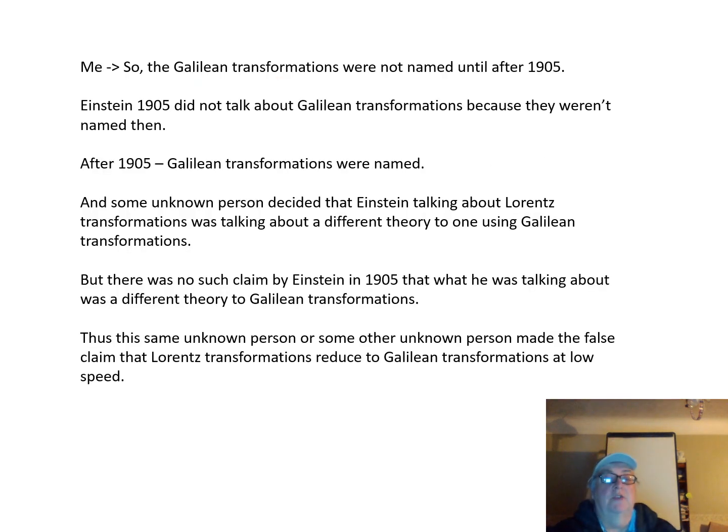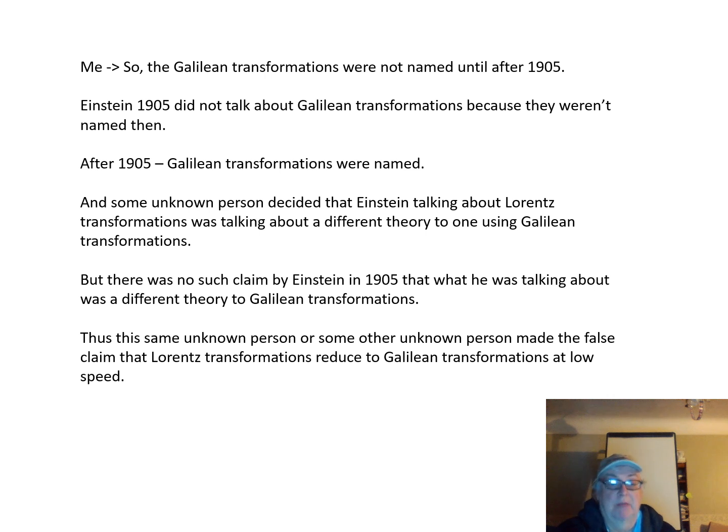So the Galilean transformations were not named until after 1905. Einstein in 1905 did not talk about Galilean transformations because they weren't named then. After 1905, Galilean transformations were named, and some unknown person decided that Einstein, talking about Lorentz transformations, was talking about a different theory to one using Galilean transformations.